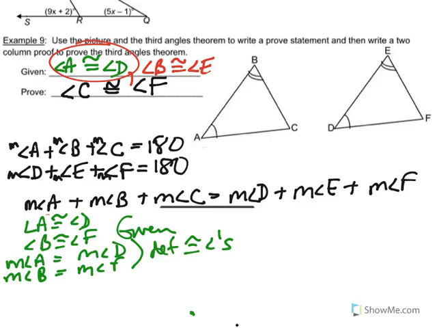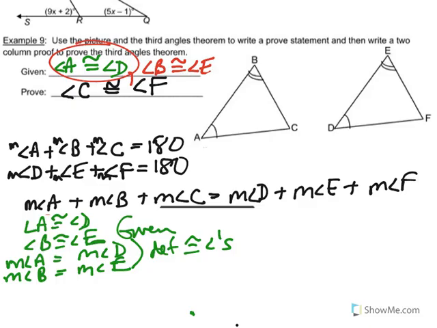Okay, so now we can use substitution. If A is equal to D and B is equal to F, I am going to take that information, and I said F, it should be E. Lord have mercy. What's my problem? B is equal to E. Okay? So let's take those things and substitute them.